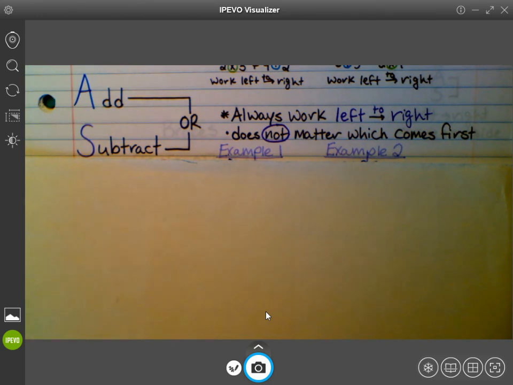And make sure you are circling or underlining the word not in "does not matter which comes first." I also do that with multiply and divide, so make sure the not in that one is also circled or underlined.